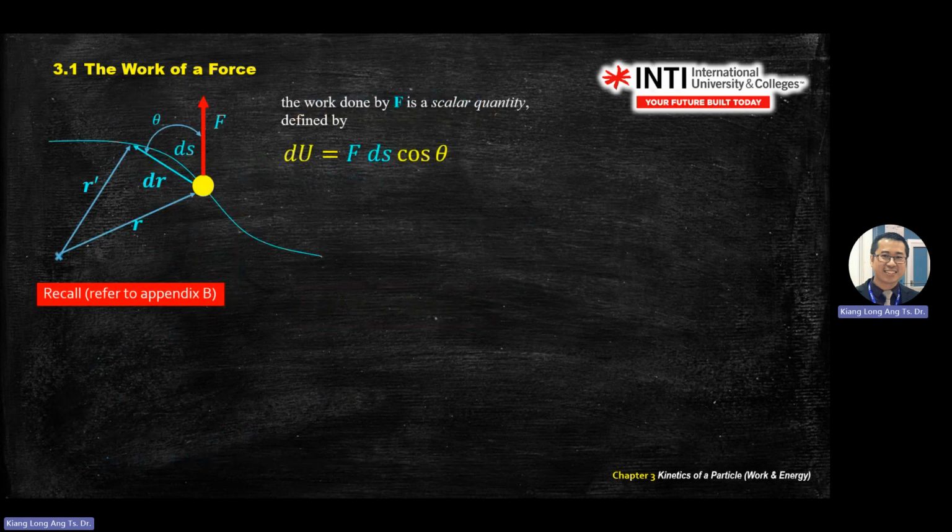This one you learned in your statics. Dot product. Vector A dot B product, you get AB cos theta. If you forget, you can go to my statics recording on YouTube, chapter 2 or chapter 3. Or you can go to Appendix B in the Canvas, download Appendix B, and see the dot product elaboration. Okay.